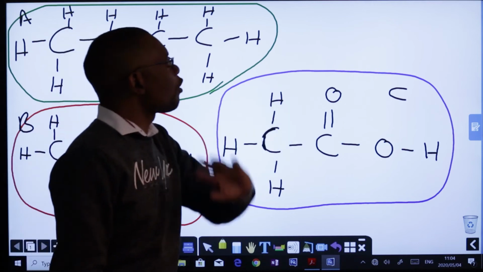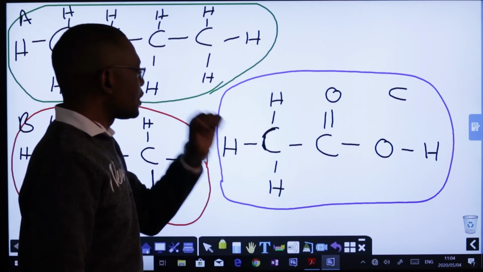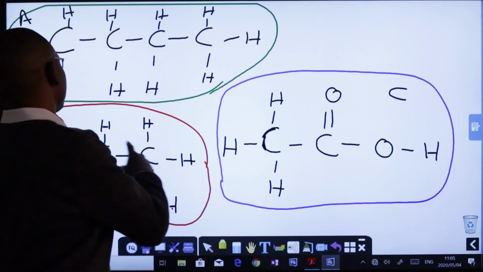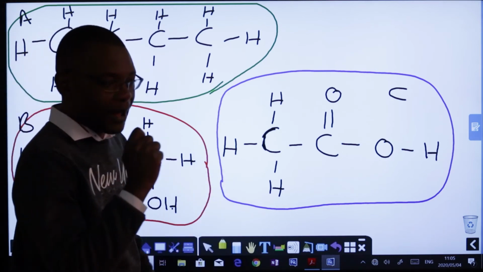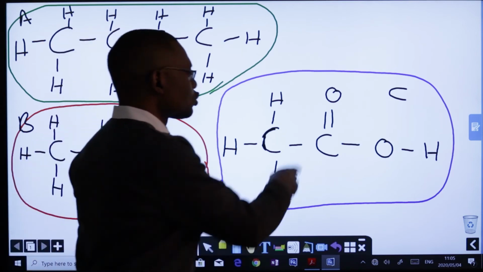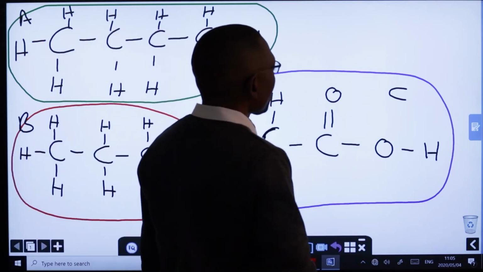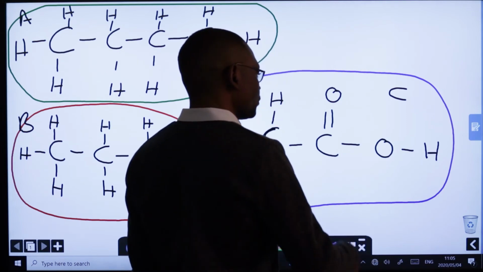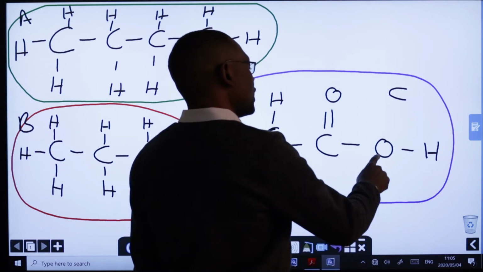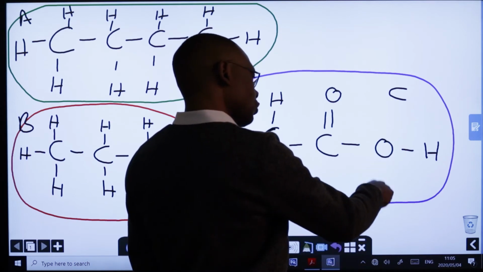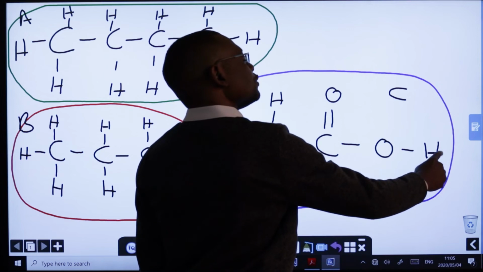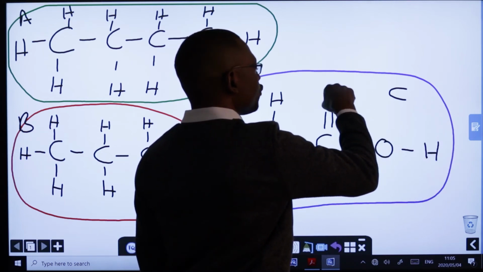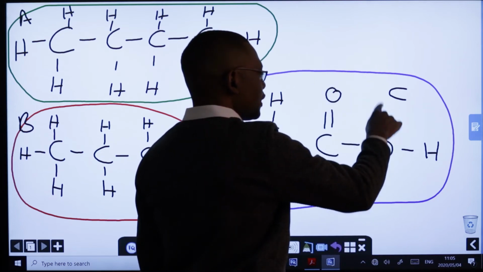Now if we go to compound C, we can see that the boiling point is even higher than that of propanol, because the hydrogen bonding which is going to take place in this molecule is going to take place in 3 different places, or even more. So we can have a hydrogen bond forming here, a hydrogen bond forming on this hydrogen over there, a hydrogen bond forming on this oxygen, and another hydrogen bond.